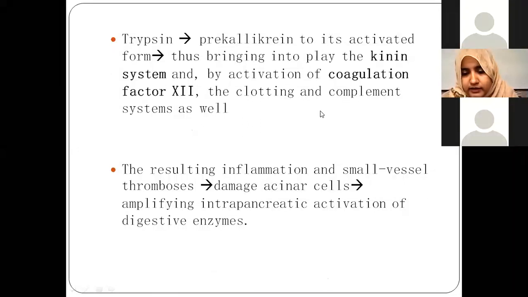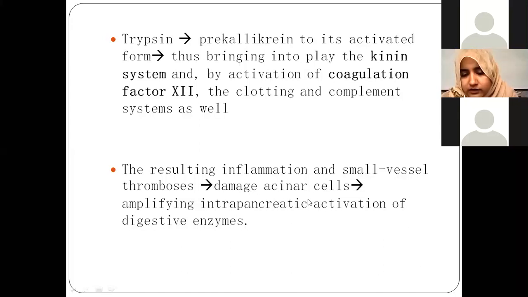So it will affect the blood supply as well. The resulting inflammation and small vessel thrombosis cause damage to the acinar cells. This is the main pathology behind it.